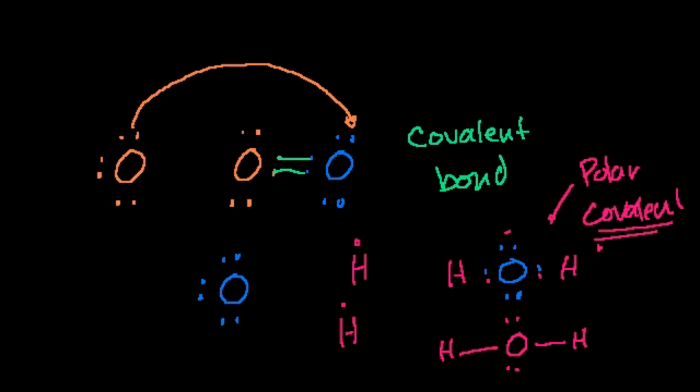Now the last bond that we can talk about, and I've touched on this a little bit, is the metallic bond. I was in a metallic bond in high school, but anyway, that's a subject for another video.